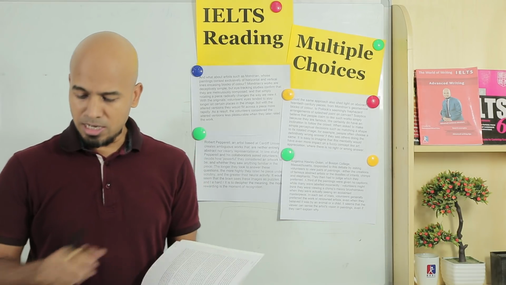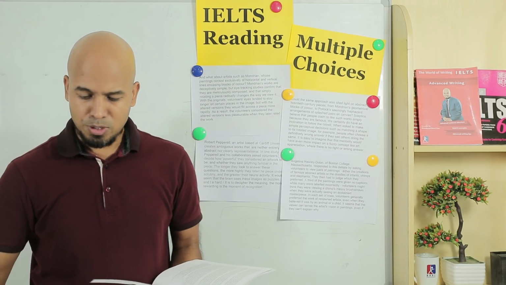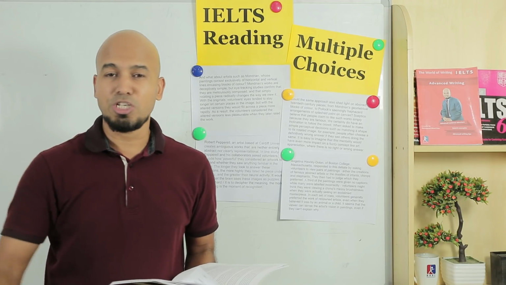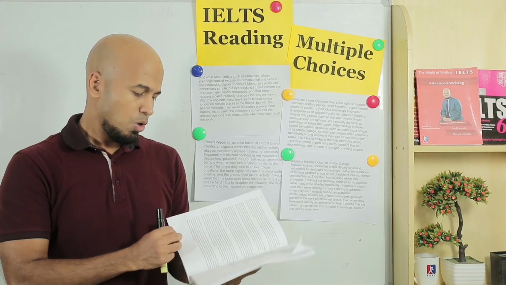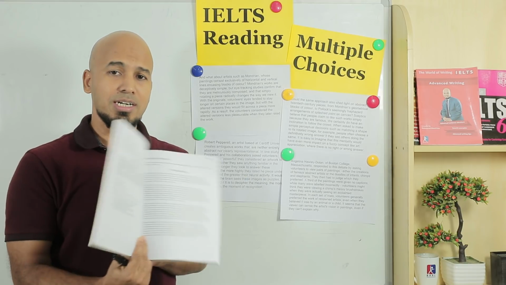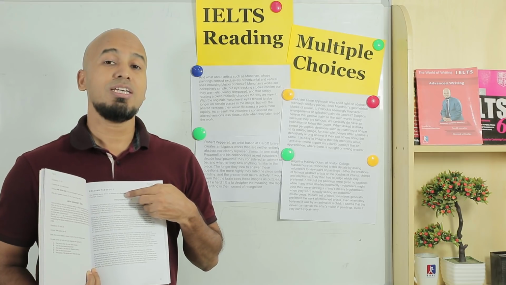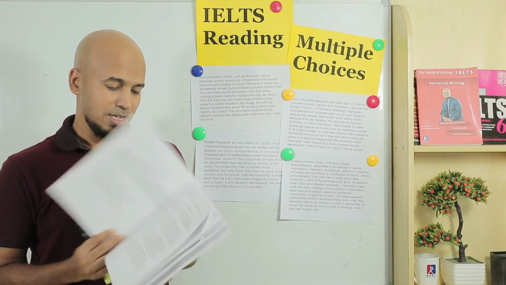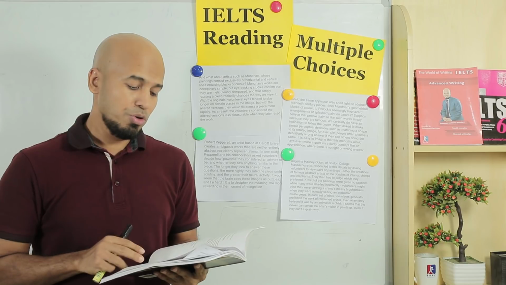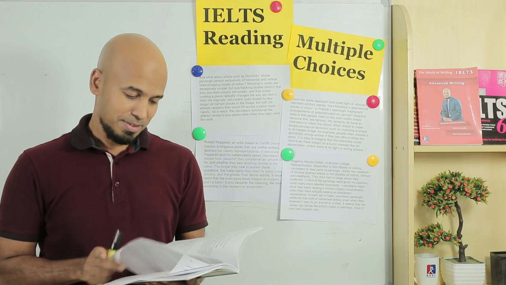As I said earlier, what we have to do is skim the general idea. So what do you think is the general idea of this passage? The best thing is that you can read the heading of this passage. It is about neuroaesthetics.